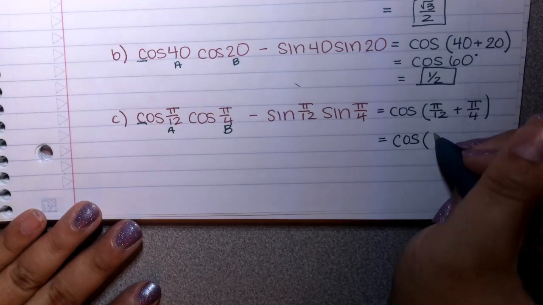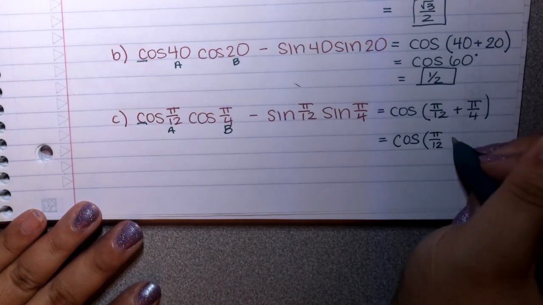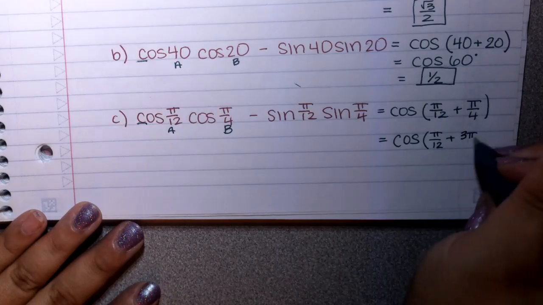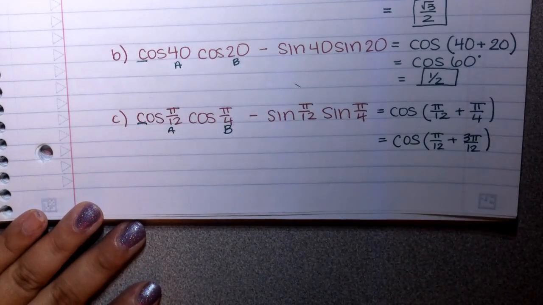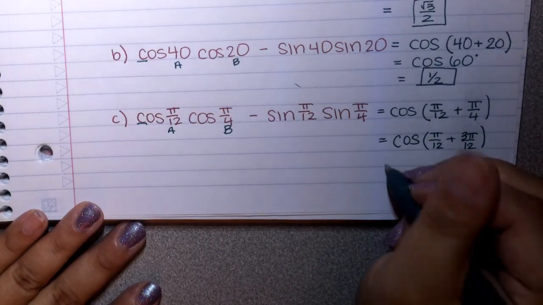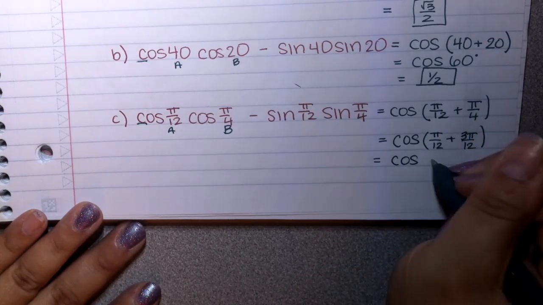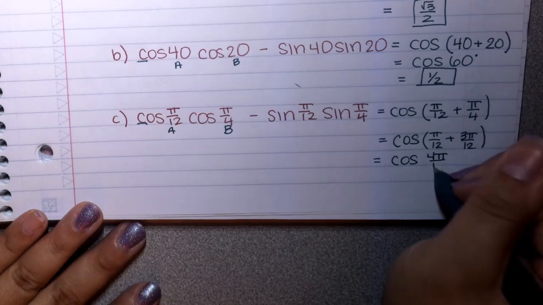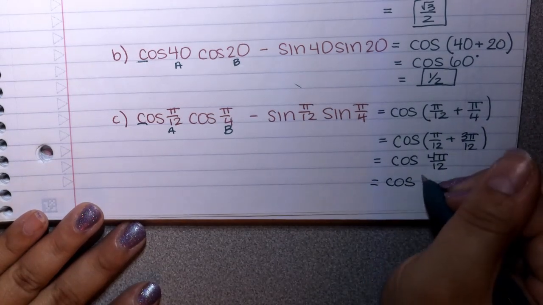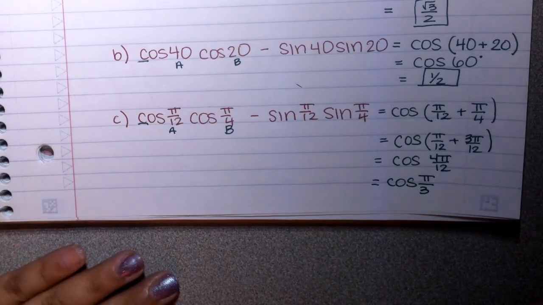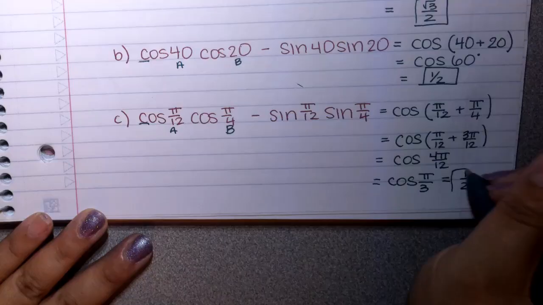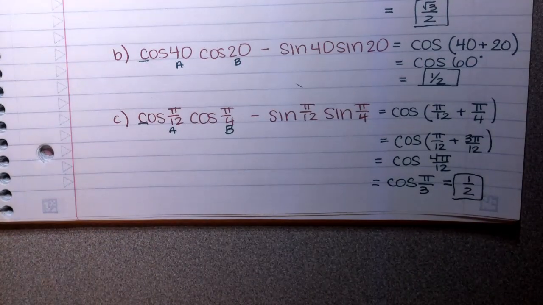Do you agree I can make them both over 12 by turning that into 3 pi over 12? Do y'all agree with that? They're equivalent. And then that's going to give me 4 pi over 12, which is pi over 3. And what is the cosine of pi over 3? Bam.